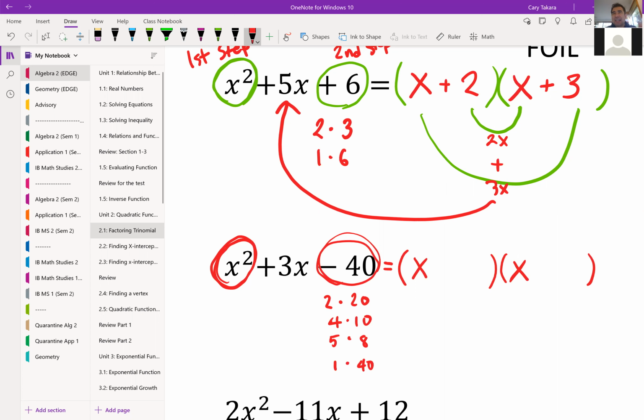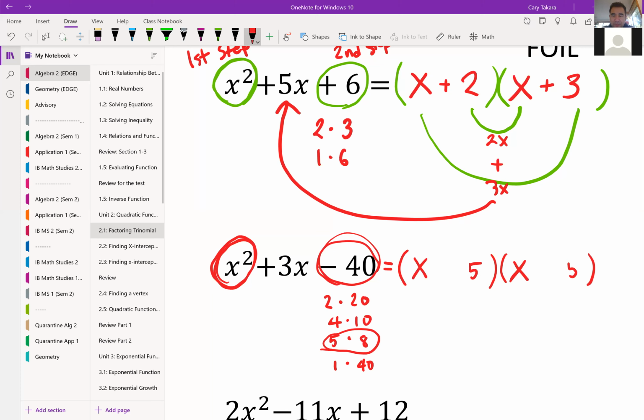That should be the last one to try, okay? But we are going to try this 5 and 8 first, because 5 and 8 are closer together than 4 and 10 or 2 and 20. They are really far apart, isn't it? So we're going to use 5 and 8.